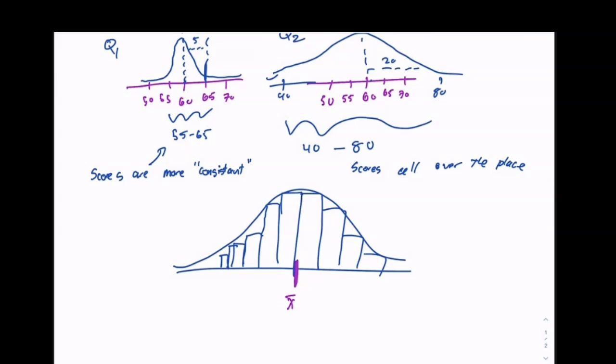And this point right here, this is what we call a point of inflection in algebra. It's where the graph changes from curving down to curving back up.